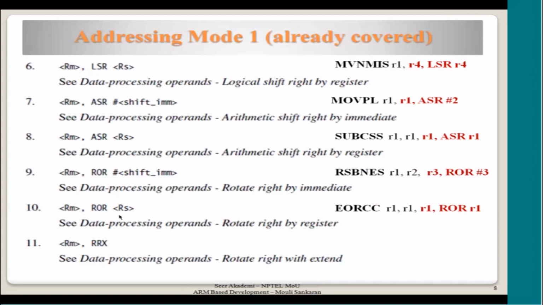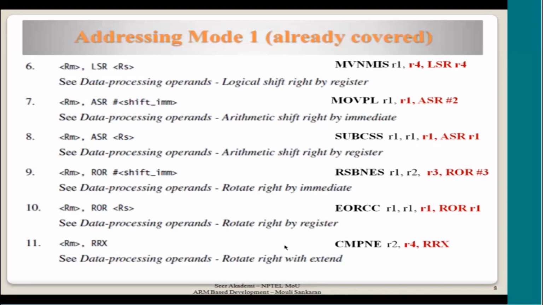Now what is this? ROR with RS. The amount of rotation to be done comes from another register, and here again I have used all R1. EOR is an XOR operation. So this operand and this operand are XORed, and the result is written into this, provided the carry flag is set. RRX is rotate right extended.